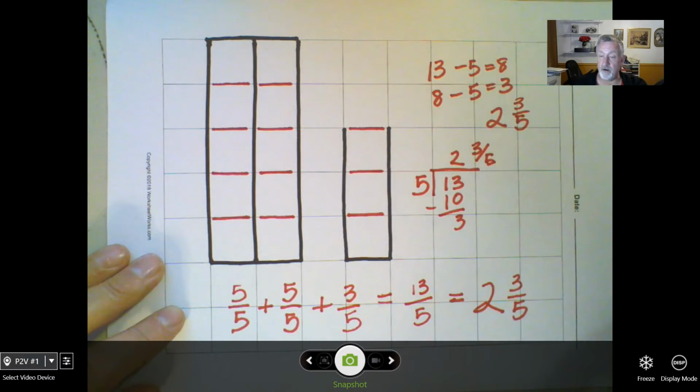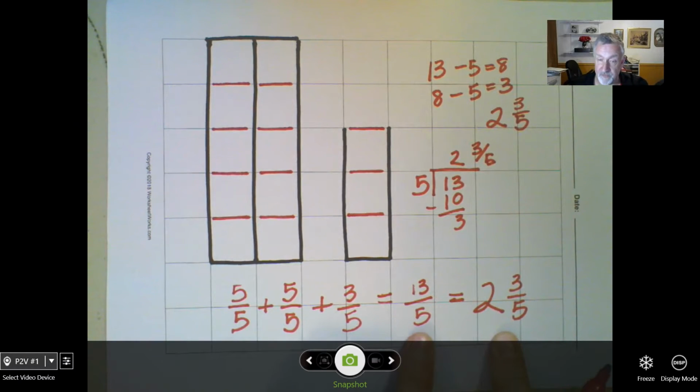Well, what if I started out with the 2 3/5? How would I move to find out what the improper fraction is? Again, I can say, well, 1 is 5/5, and if I have 2, that's another 5/5, or 10/5, and 3 more, which is 13/5.